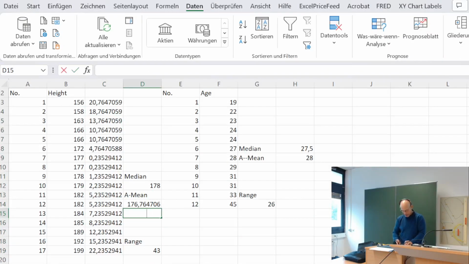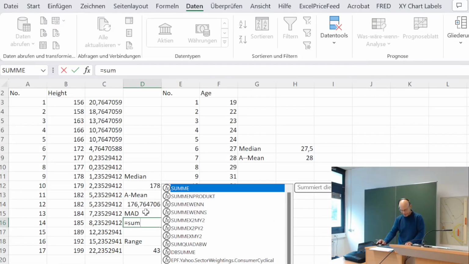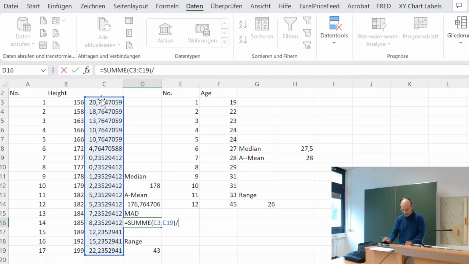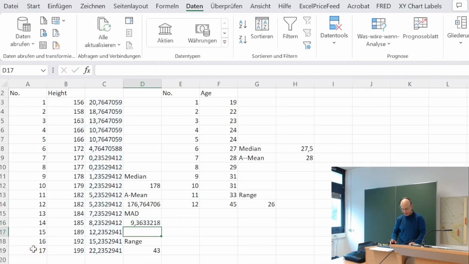So MAD would be then equals the sum of all these numbers divided by our total number of data points, 17.